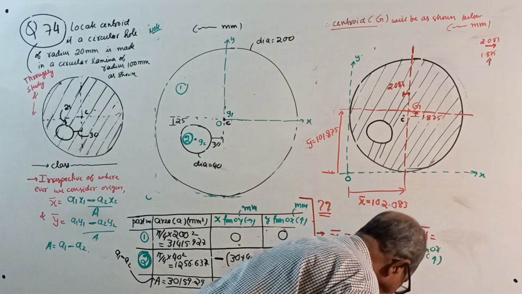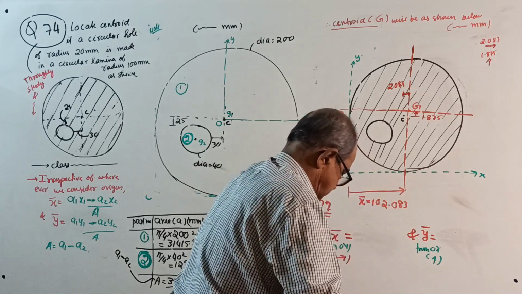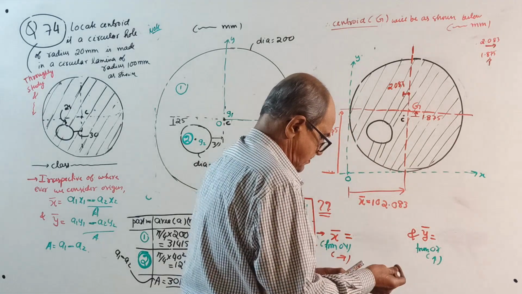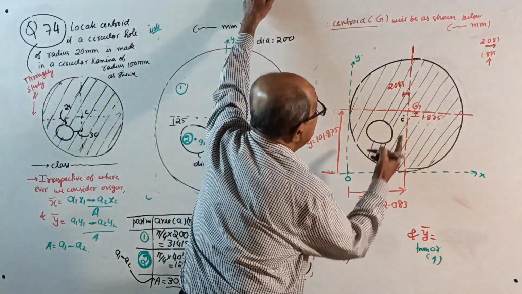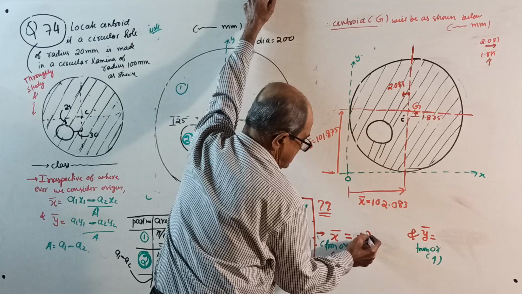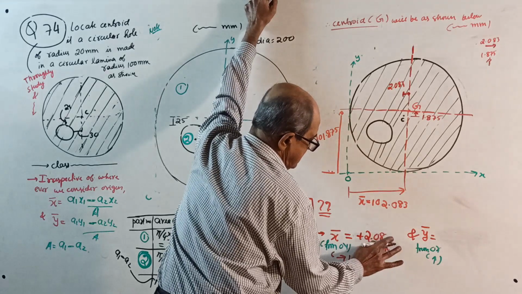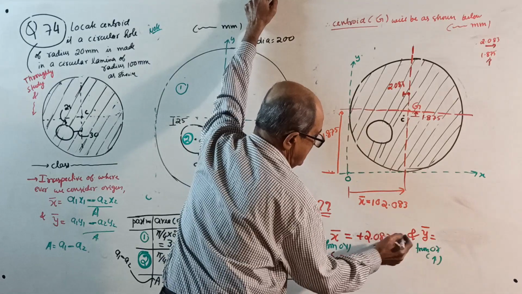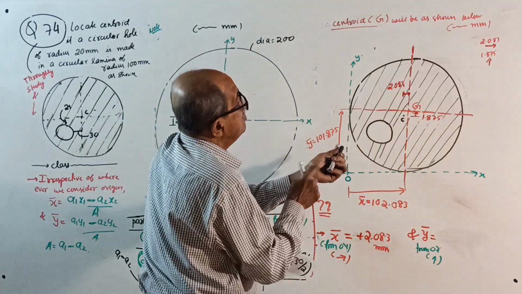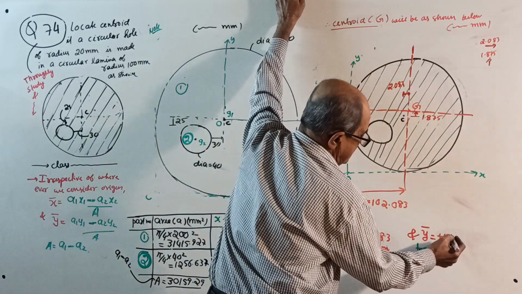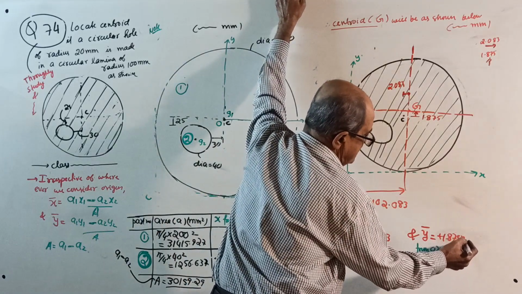This time negative will not come. I will tell you why it will not come. Plus 2.083 millimeter. And Y bar will come plus 1.875 millimeter.